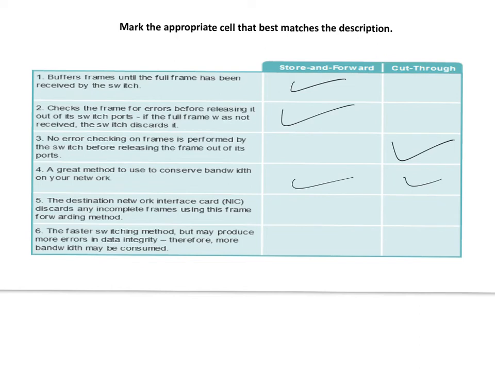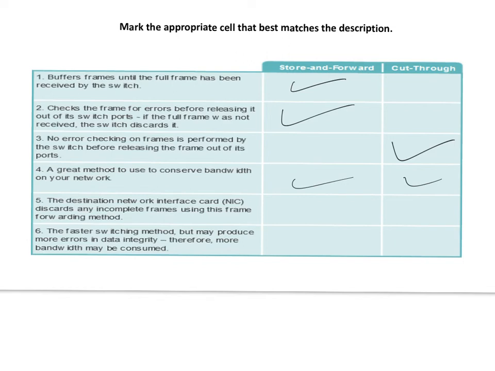Unlike cut through, because cut through may send many frames in error, in which case it will cause many retransmissions over the line. Okay? So in that case, store and forward has some advantage and disadvantage when it comes to preserving the bandwidth. And as well cut through, because if the probability of error is very high, then cut through is very bad.